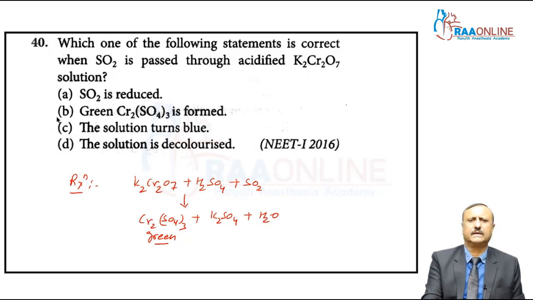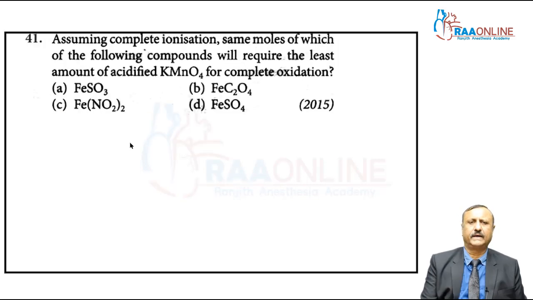So, my dear students, here the answer is B, that is green Cr2(SO4)3, chromium sulfate, is formed and it is a green mass. So when you pass SO2 into acidified K2Cr2O7, it is converted to Cr2(SO4)3. Now we go to question number 41.